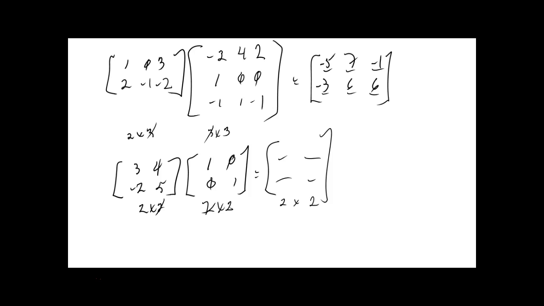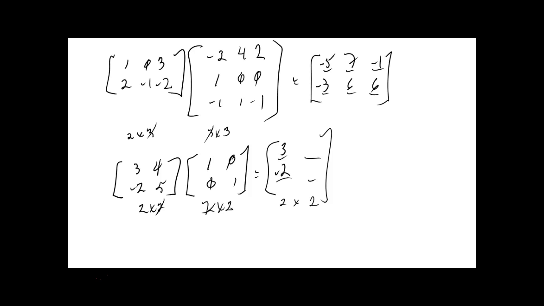Where do you want to start? Row 1, column 1. Okay, and that gives you 3. Next. Row 2, column 1. That'd be -2. Next. Row 1, column 2.